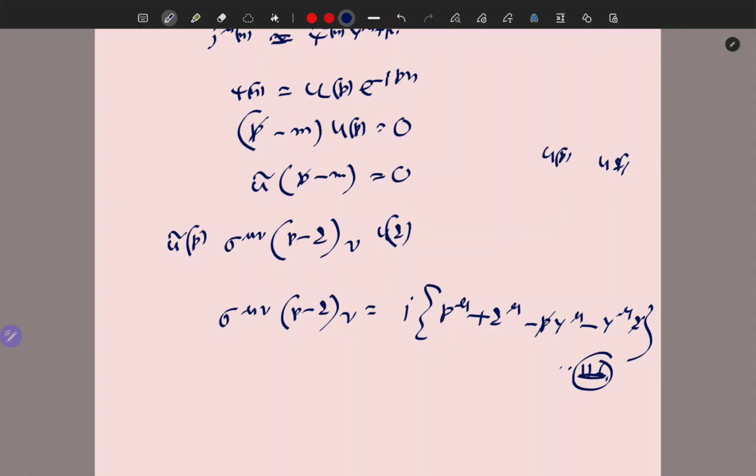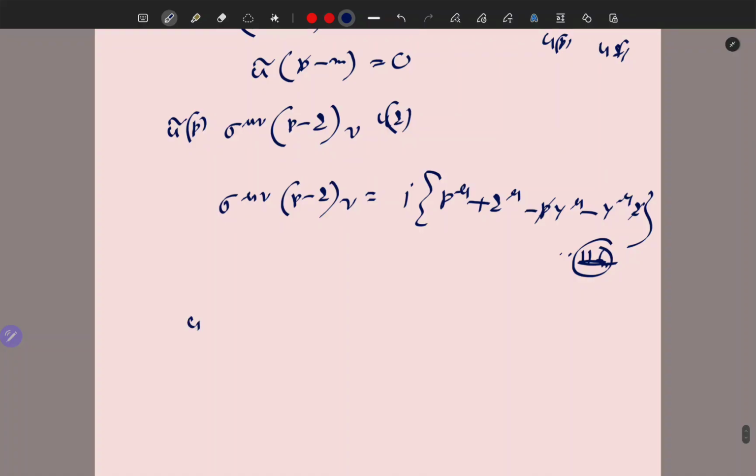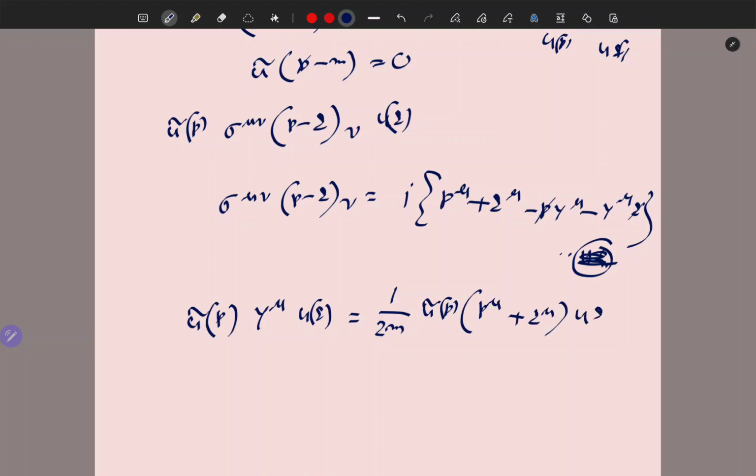So that u tilde of p gamma mu u of q can be written as 1 by 2m u tilde of p mu plus q mu u of q plus i by 2m u tilde of p sigma mu nu p minus q u of q.